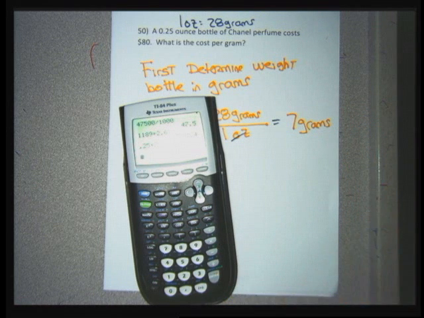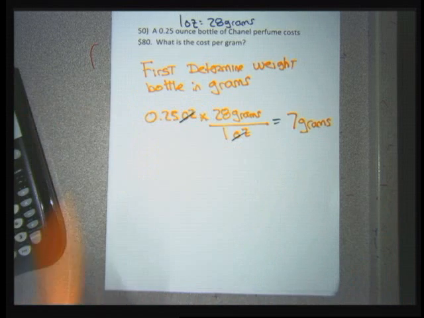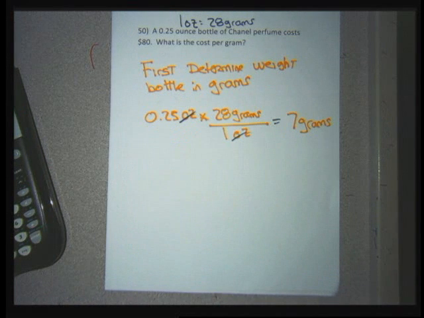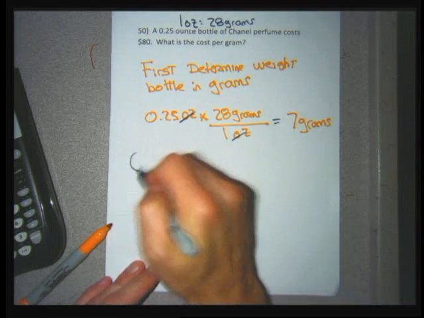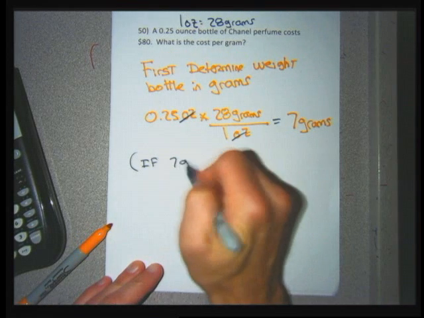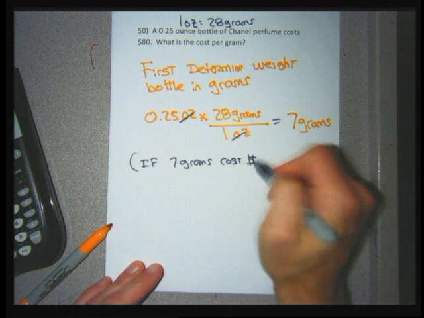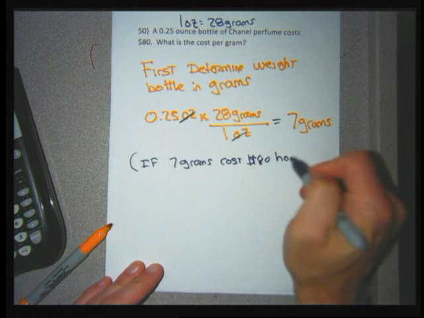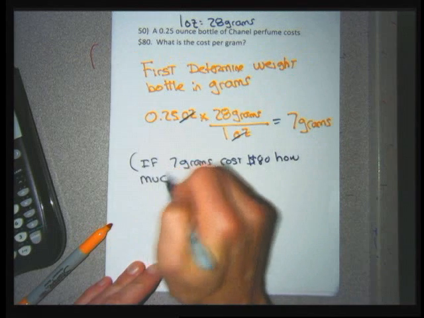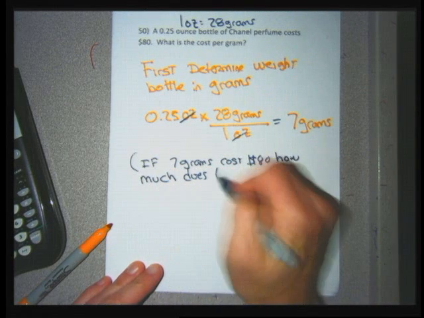From this point, I suspect a lot of you can figure out the cost of 1 gram without using unit analysis, and that's completely fine. So if this inspired you enough, if 7 grams costs $80, how much does 1 gram cost?